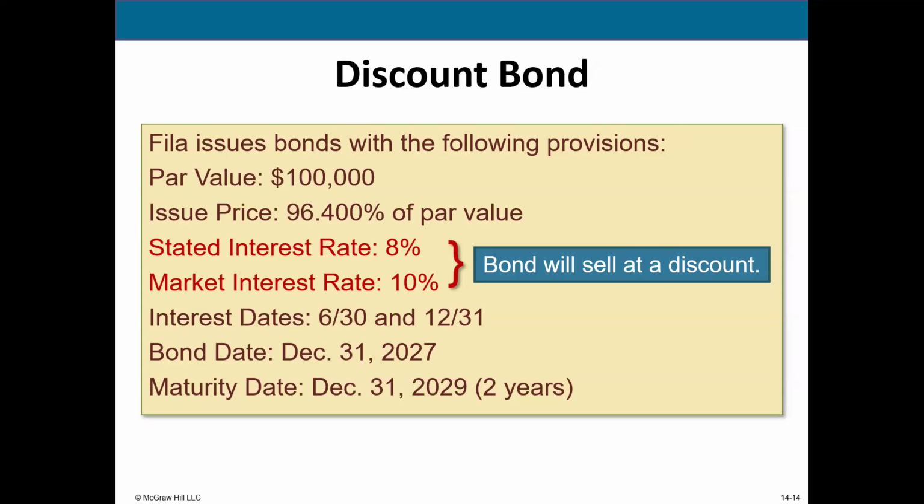So the way that we look at this is we can say that we're looking at the $100,000 and we're discounting it by 2%. We discount it by 2%. That puts us at 96.4% out of 100. You see? So that's how that works.